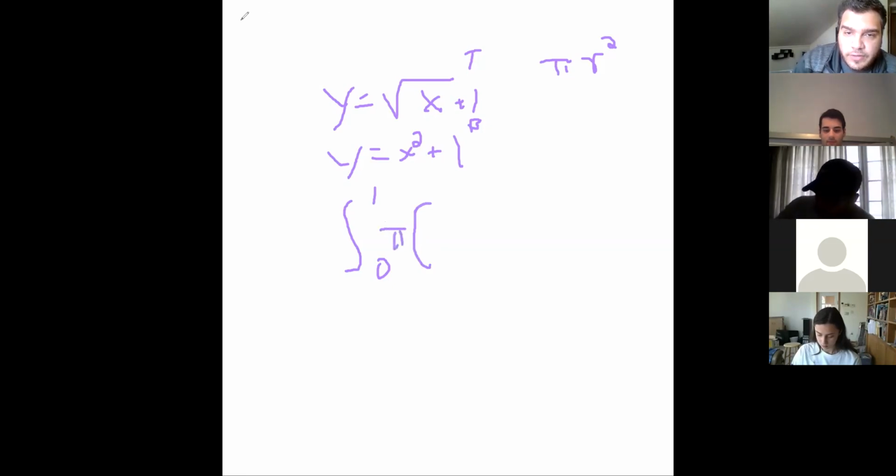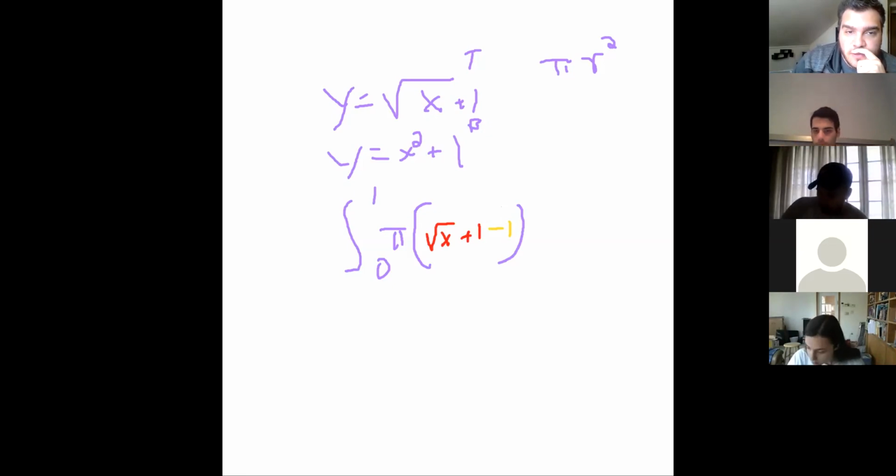The radius is slightly different because the first one is the top, so that's square root x plus 1. That still stays the same. And then we're going to subtract where we're rotating, which is at -1.